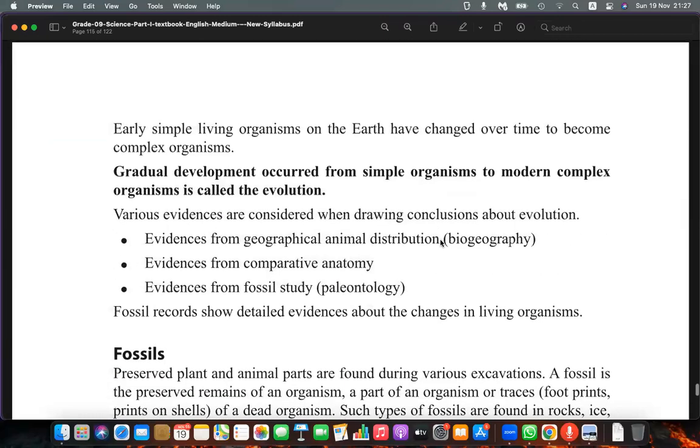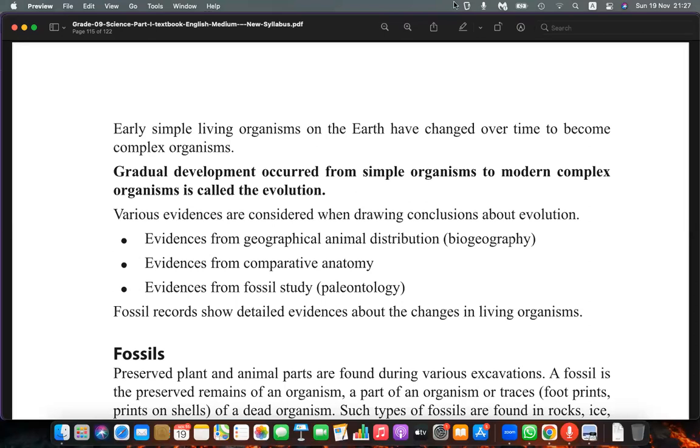Okay, so this part you need to remember. Gradual development happened during this long period of time. So starting simple to complex organisms is called evolution, right? Various evidences are there about human evolution and animal evolution and plants, because of geographical animal distribution, that is called biogeography.